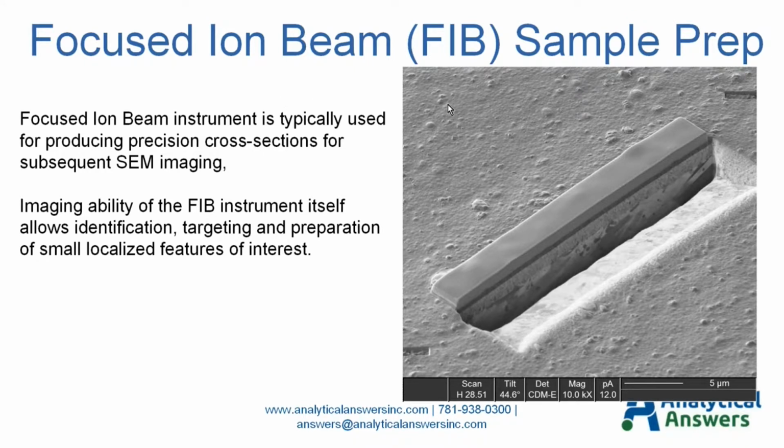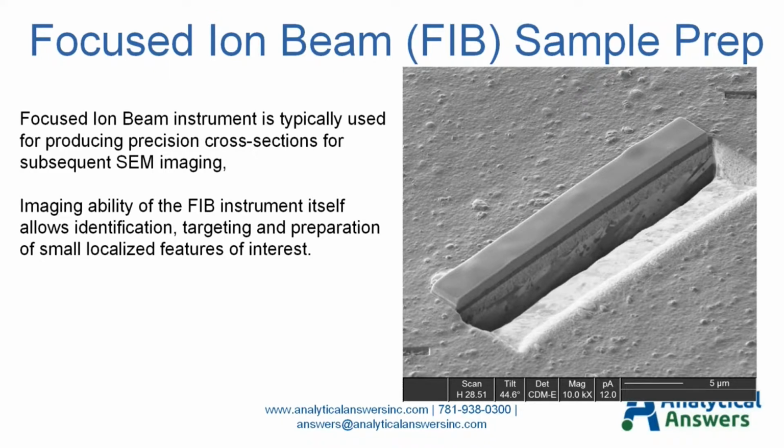Interaction of that beam with the sample surface will also create secondary electrons, and we can form a raster scan image in the FIB completely analogous to what we do in the SEM by scanning that beam across the sample surface and doing a point-by-point secondary electron detection.